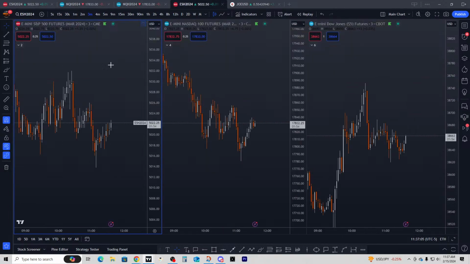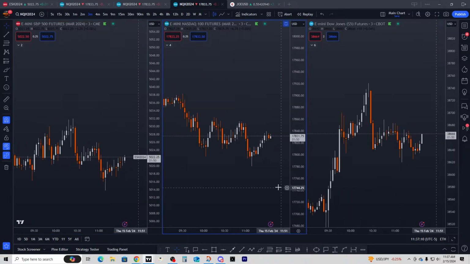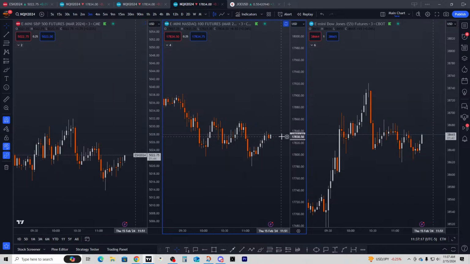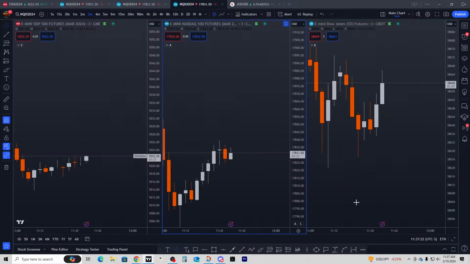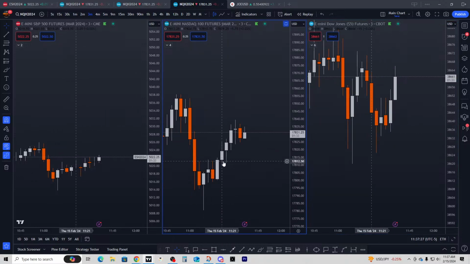Just depends. If we go to the big three here, all three of these, kind of get an idea of what we're getting. So we traded lower, came back up, we're inching up higher. Notice this too. This is like a big thing I have in my trading plan.